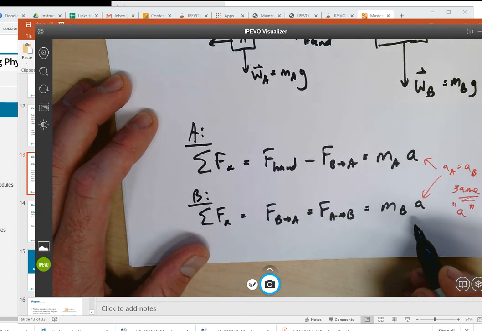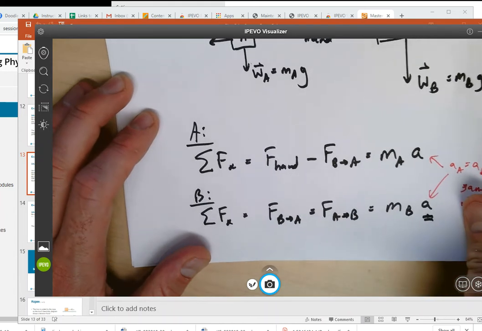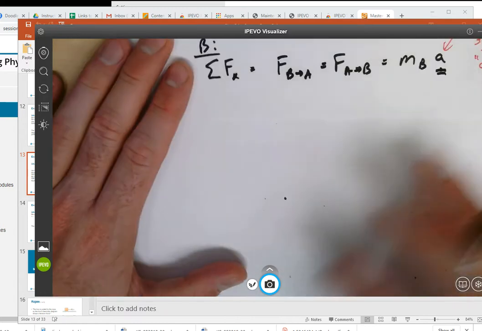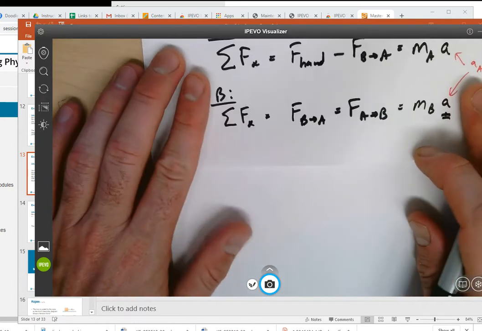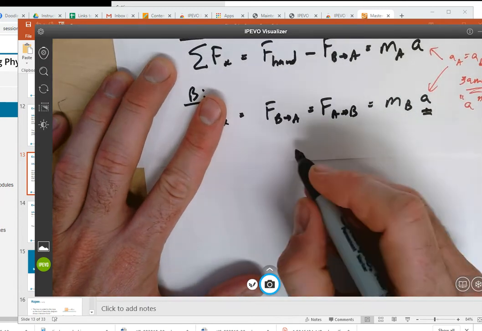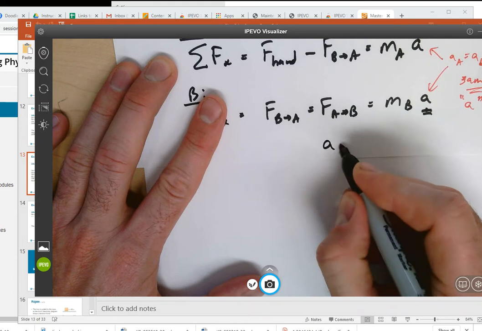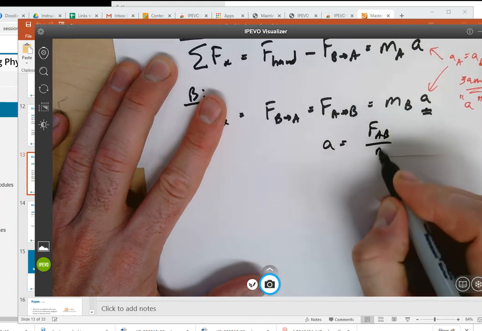So one thing that we can do is solve for the acceleration for this one, and then plug it into the equation above. And so let's do exactly that. So moving forward, if these are my starting equations here, I can solve this equation here. Acceleration is equal to F_AB divided by M_B.